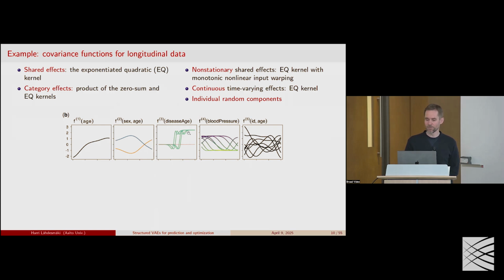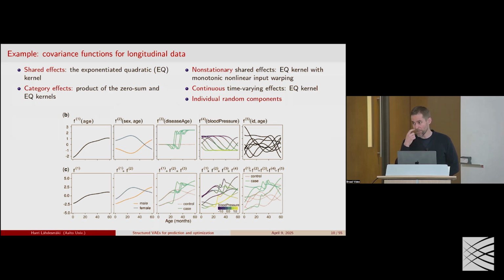And then we can also have non-stationary effects, such as one may expect in the case of rapidly happening events like disease onset. And then we can have an ID-specific random variation using the product of the ID and then the EQ kernel again. And then we sum them up.